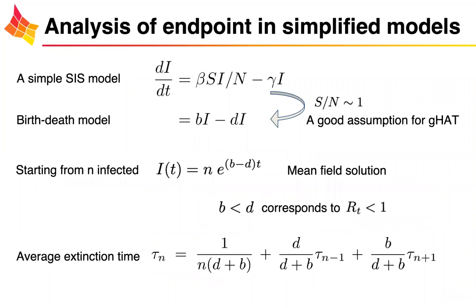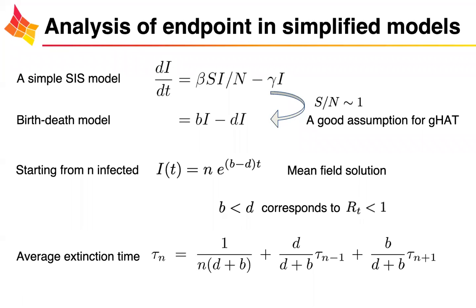Now let's come back to the birth-death model. Again, when the birth rate is smaller than the death rate, which corresponds to a reproduction ratio smaller than 1, I decreases exponentially with time in a mean field solution. And then we can also estimate the extinction time if we are in the state of n infected people.